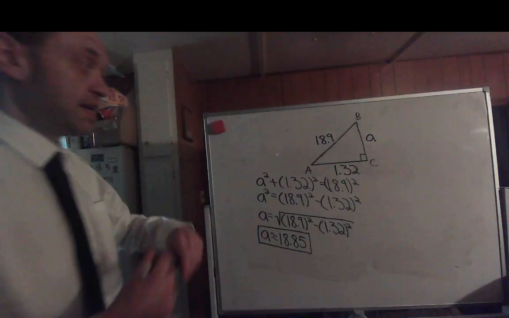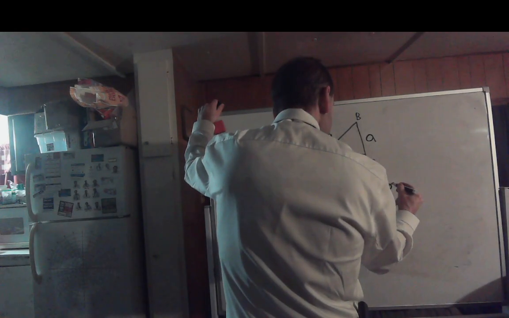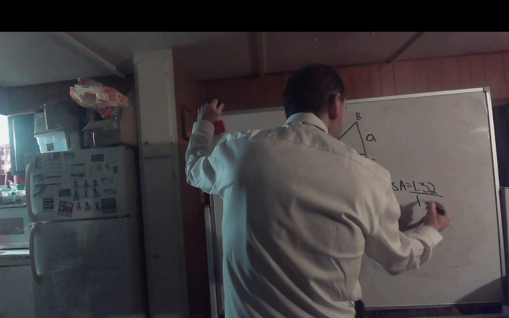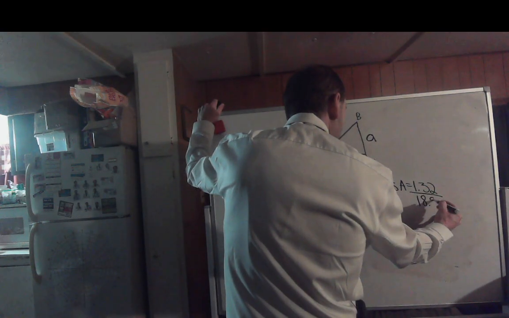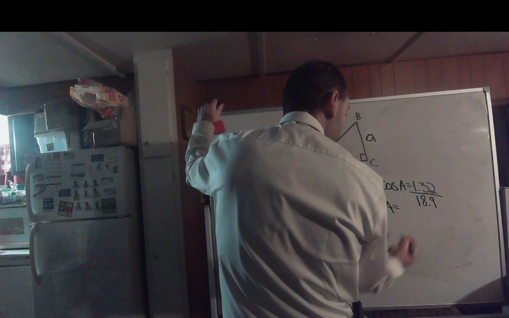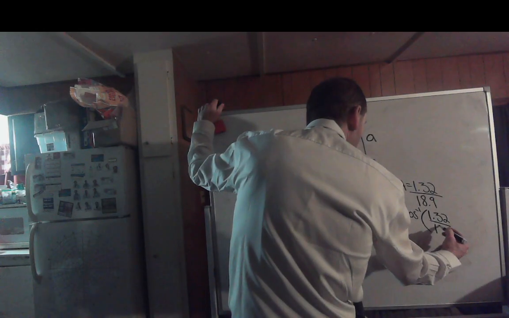Let's work on finding angle A. Again, we'll use the cosine ratio. So the cosine of angle A equals 1.32 over 18.9, which means that angle A itself is going to equal the inverse cosine of 1.32 over 18.9.